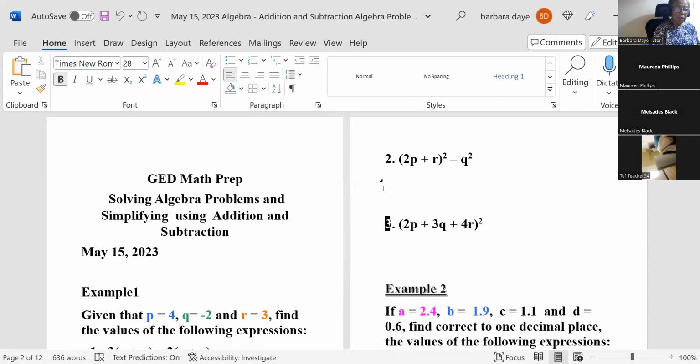You don't have to square it. You can just leave it as squares. Just tell me what answer you get, okay? For number 2, you don't have to square it. Just give me the answers. Put the square on it, raised to the second power.